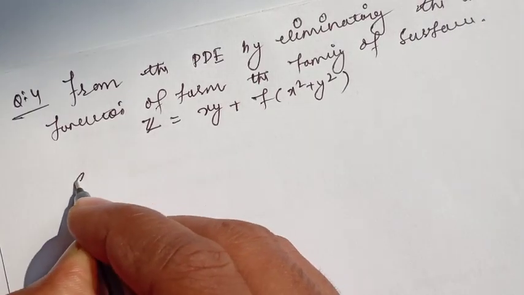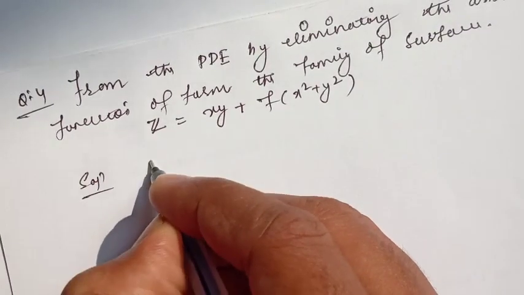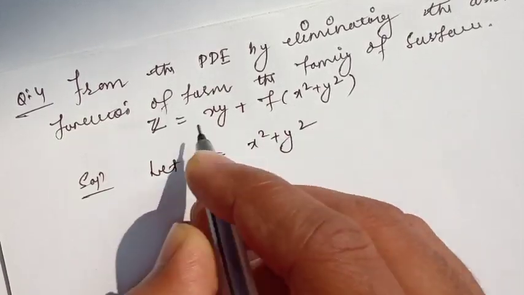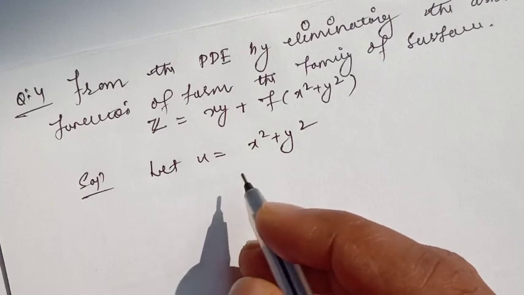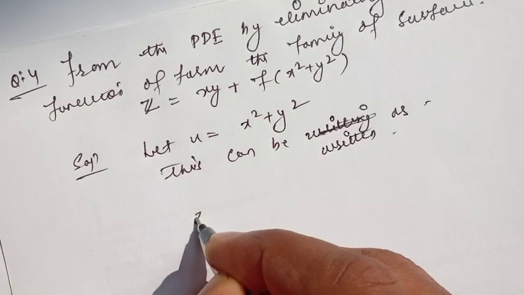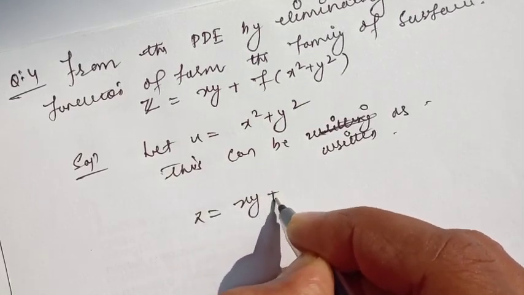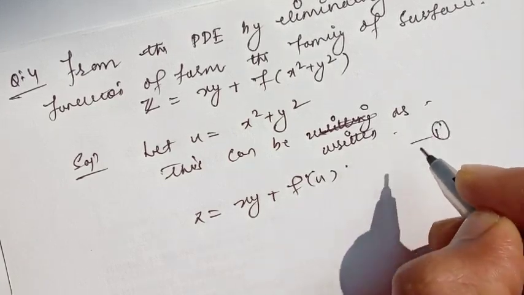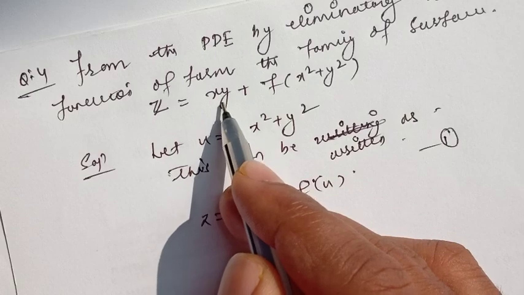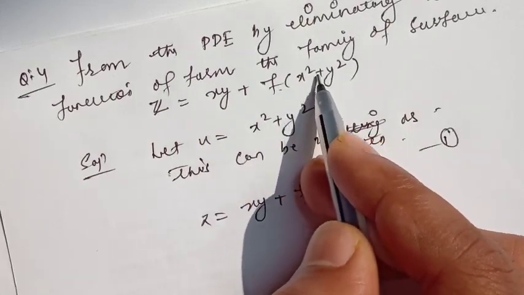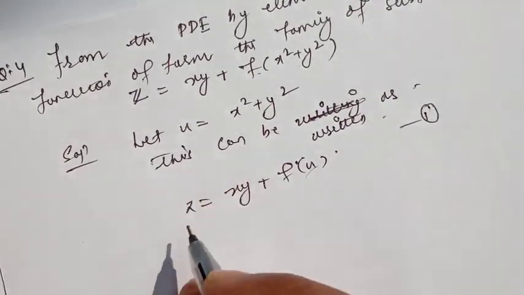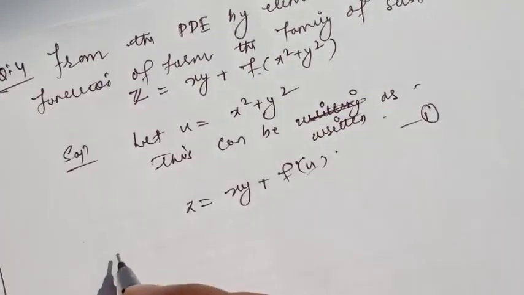Now the solution is: let u be x square plus y square, because z is a function of u. So z is equal to xy plus f of u, and this is equation 1. In the place of x square plus y square I put u.